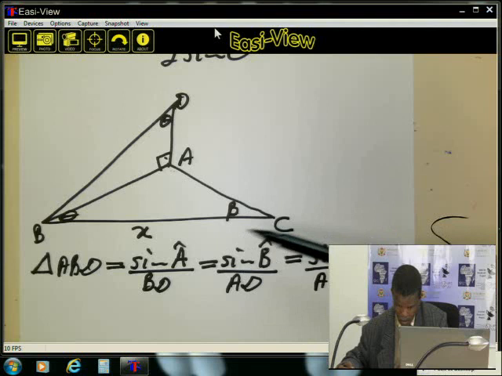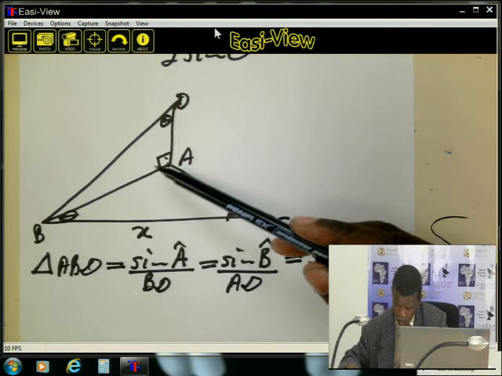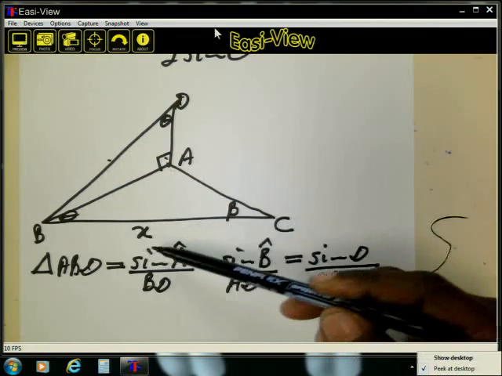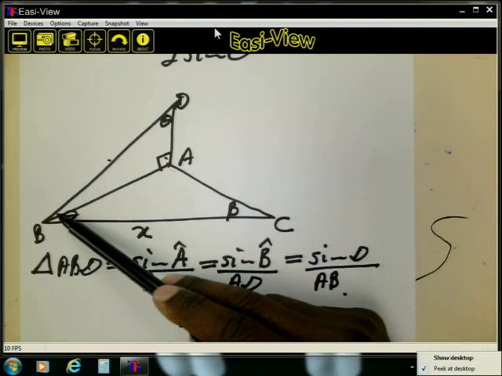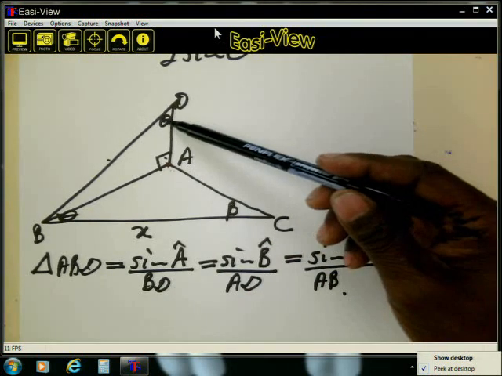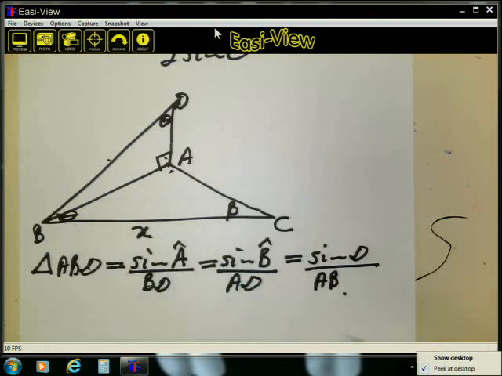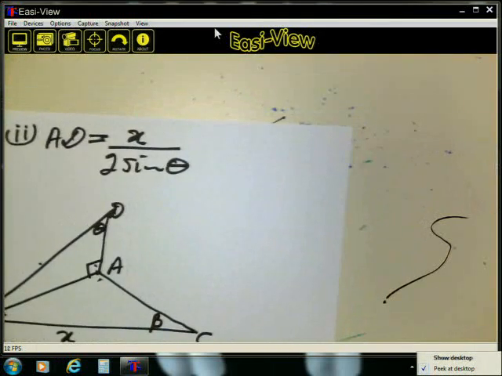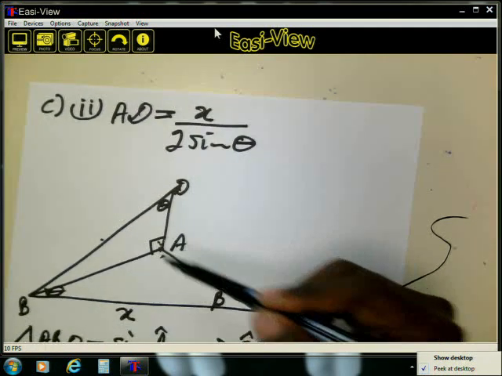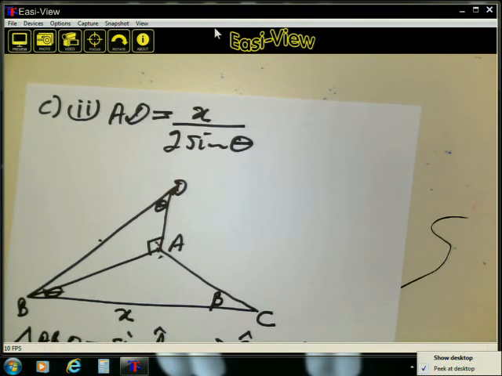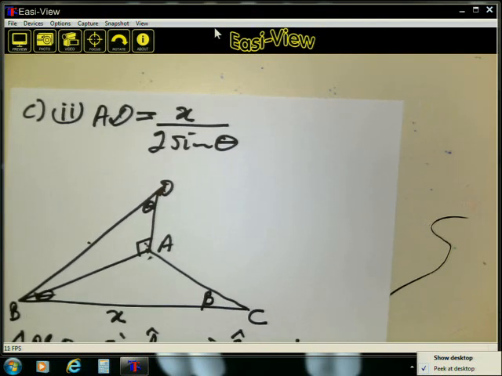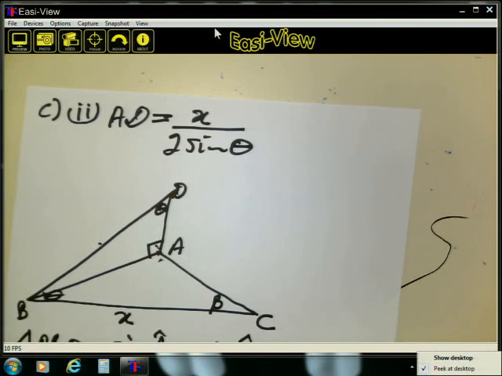Sine A, which is here, over this side, which is opposite it, and sine B, which is here, over the side which is opposite it, is equal to sine D over the side which is opposite it. But the angle A is 90 degrees, so you have the sine of 90 degrees over BD.